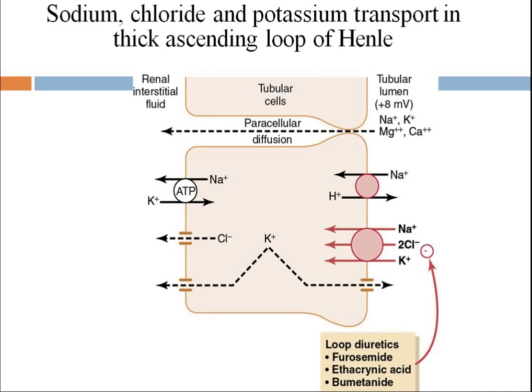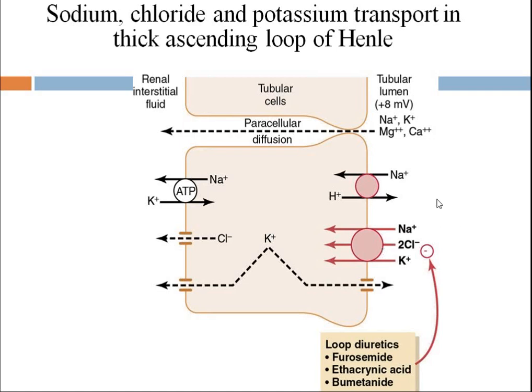So here, if any substance blocks this channel, the solutes will not be transported inside. This is the main channel operating here. The main channel that is transporting solutes in the thick ascending limb of loop of Henle is the sodium potassium 2 chloride channel. So if this is blocked, these ions will not be transported inside, and as a result, water will also not follow them.